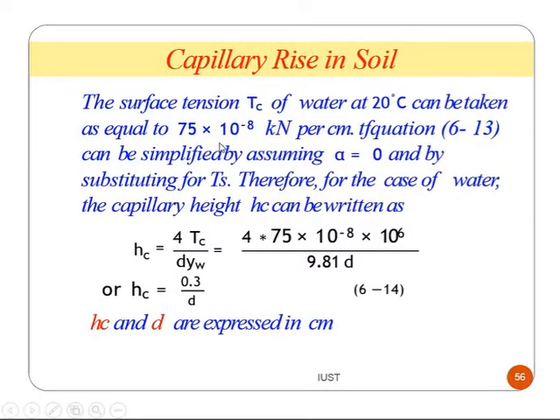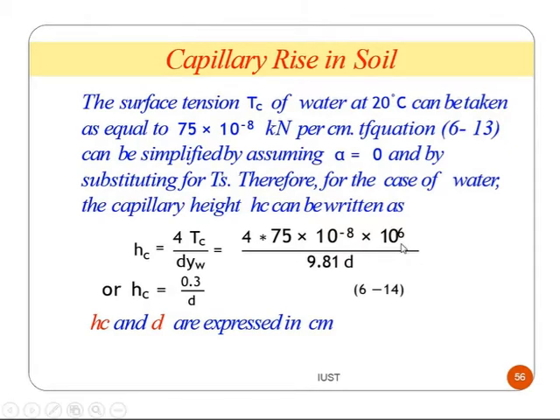4 into Tc, where the Tc value is 75 into 10 raised to minus 8, upon d γw. d is the depth, the diameter, and γw is the unit weight of water, 9.81. So the formula becomes 0.3 by d.